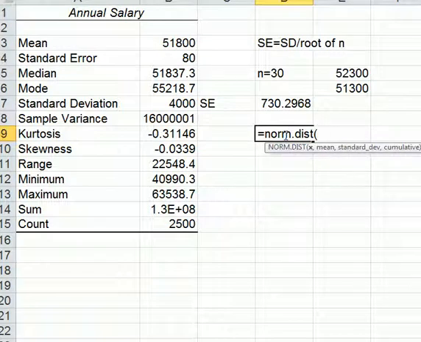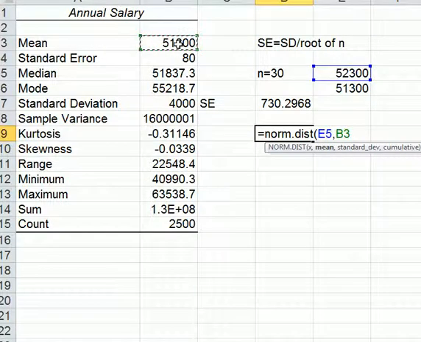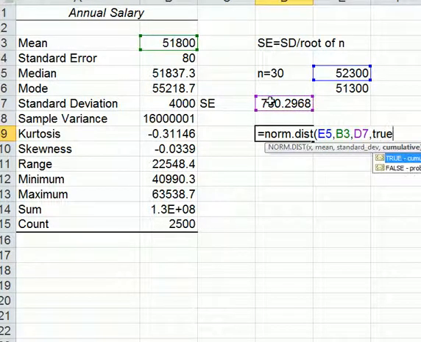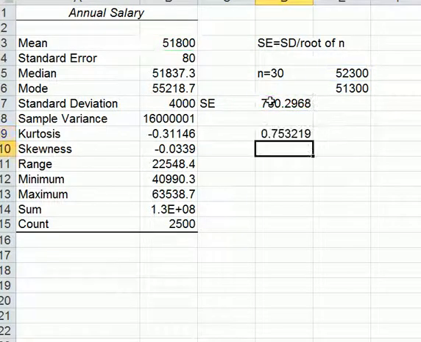Now we want the first one, so that's going to be the top side, 52300, comma, the actual population mean, comma, the standard error of our sample of 30 we just calculated, put that in, comma, and then put in true because it's cumulative.